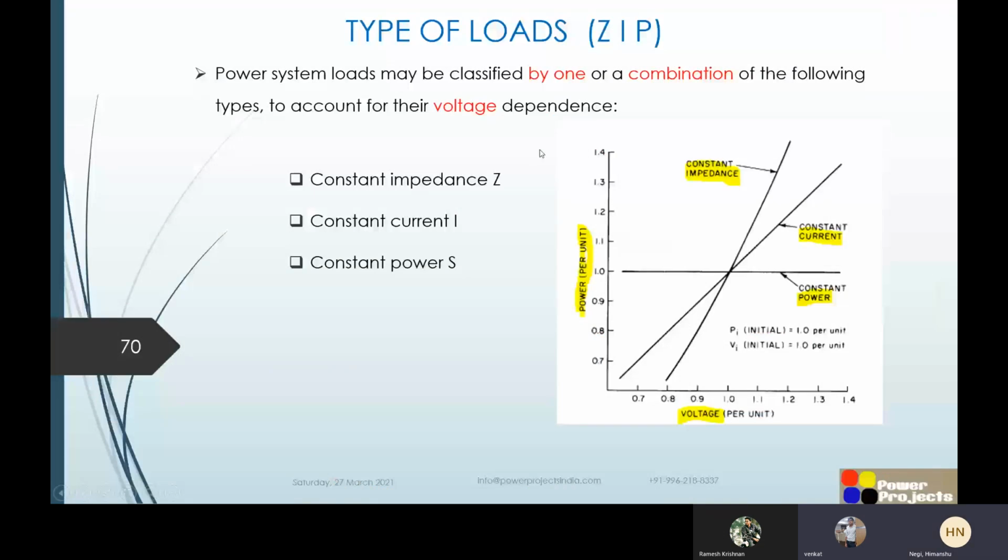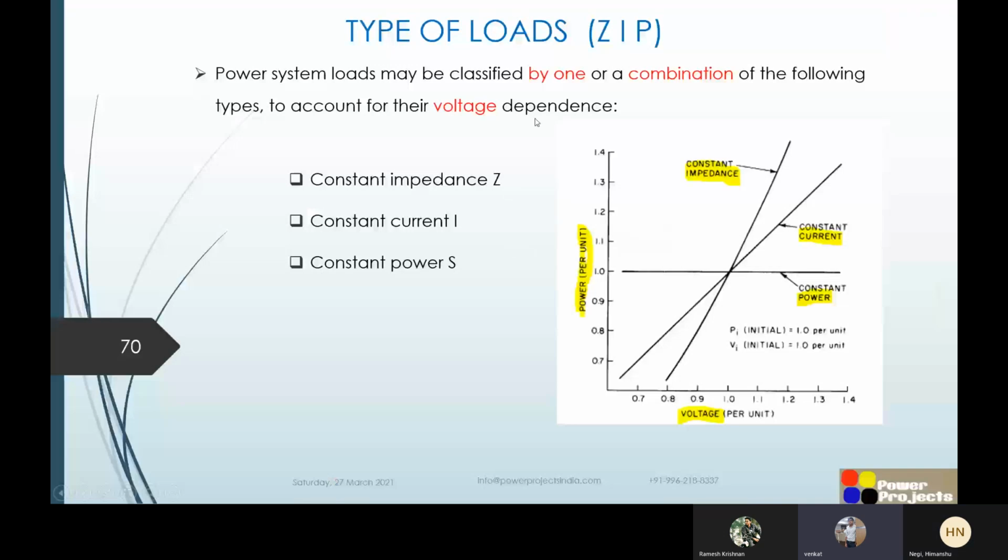The loads are, as you can see here, constant impedance load, constant current load, and constant power load. This is how we used to model the loads in a power system. Whatever the software we take, these will be the basic details that we will be using for modeling a load.